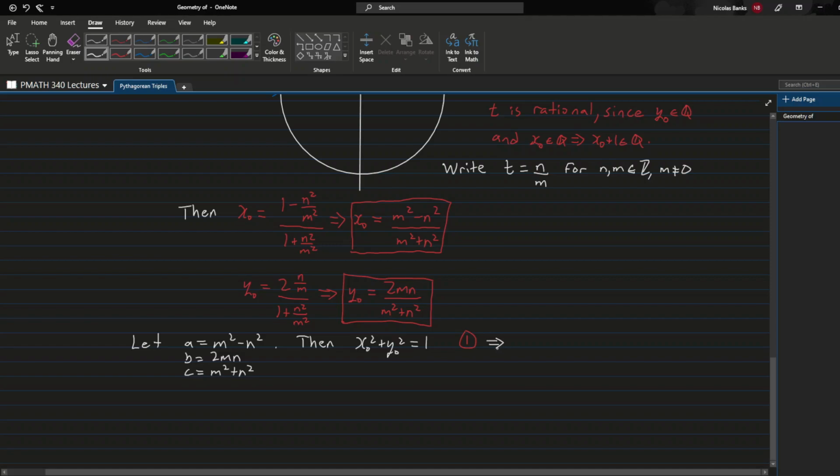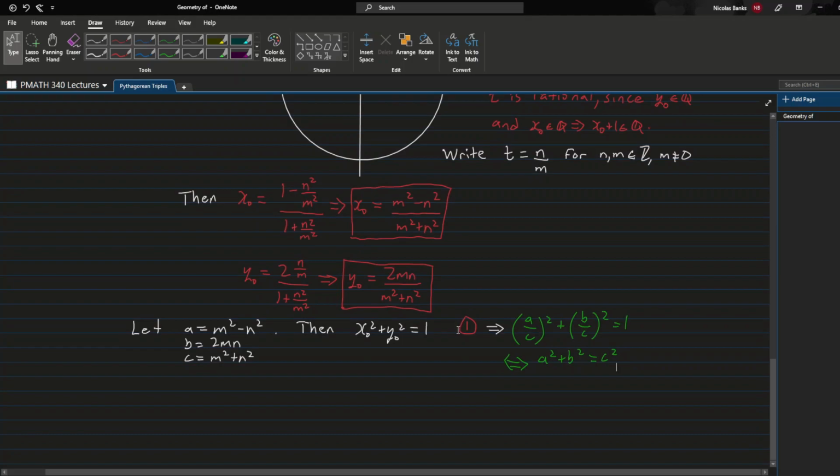So equation 1 gives us, just matching up what everything is equal to, (a over c) squared plus (b over c) squared equals 1, which is equivalent to a squared plus b squared equals c squared. So yes, a, b, c is a Pythagorean triple.